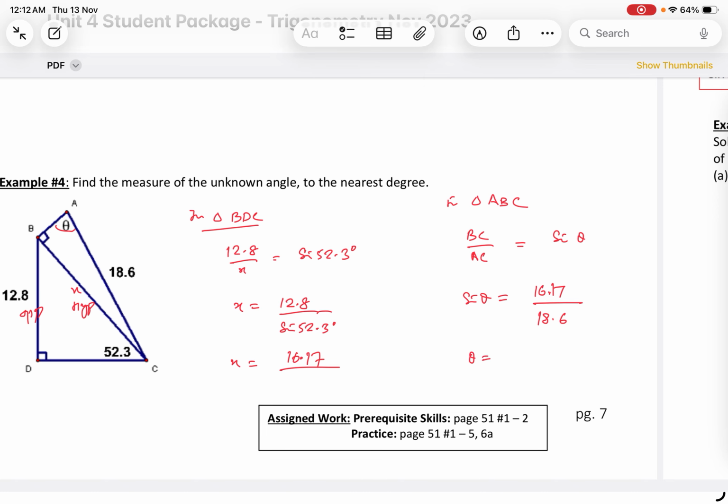So theta will be sine inverse of 16.17 divided by 18.6. It comes out to be 60.38.